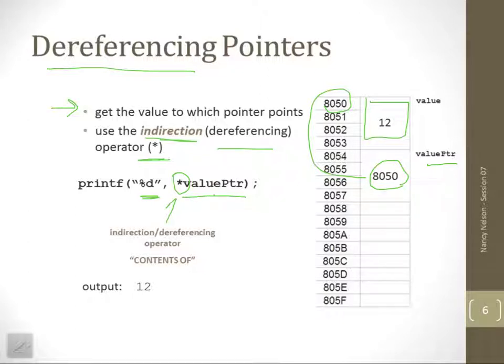So this is my dereferencing or indirection operator. The easiest way to remember it is, give me the contents of. So this particular line, printf %d star value pointer, going to go to value pointer, read the 8050, go to address 8050, read the 12, and print that.